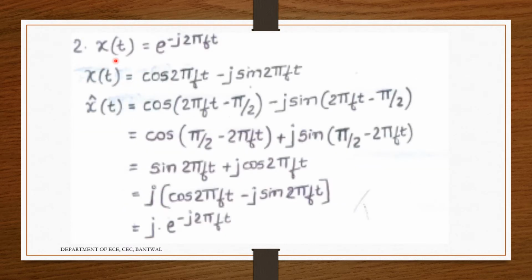Then the second one: x of t equals e raised to the power of minus j 2 pi ft. That is, x of t equals cos 2 pi ft minus j sin 2 pi ft. I am removing the exponential form and writing it in trigonometric functions here.